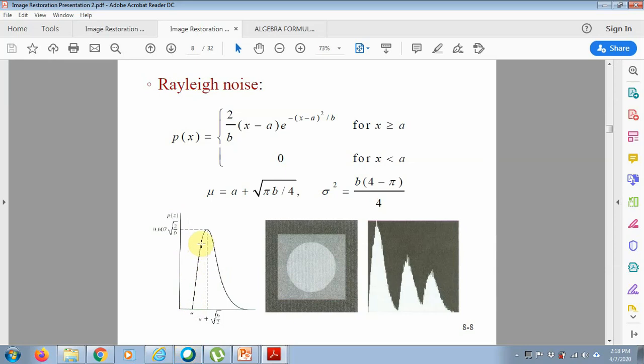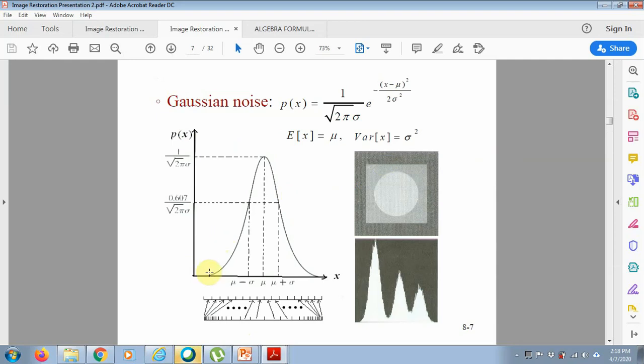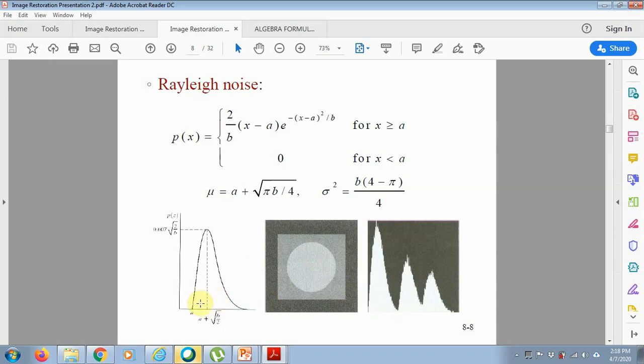The Rayleigh noise looks like this, whereas your Gaussian noise has symmetry: mu minus sigma, mu plus sigma, around mu. In the Rayleigh noise there is no symmetry. Suddenly you will start your Rayleigh noise from a. After a, you will get the waveform of the Rayleigh noise, and this is the actual structure of your Rayleigh noise in the output. Okay.